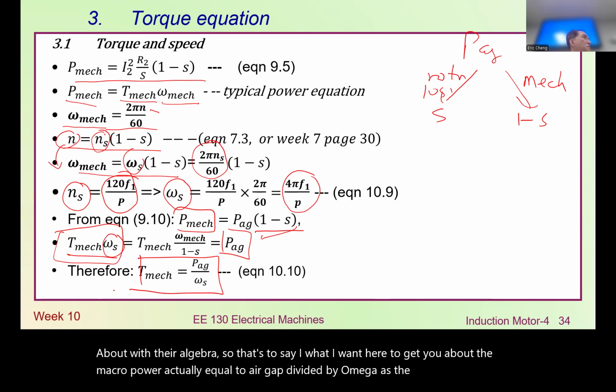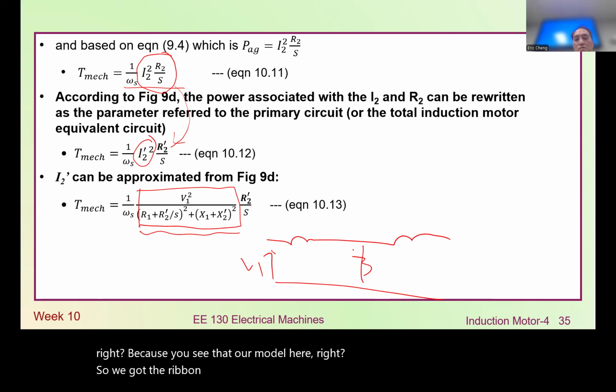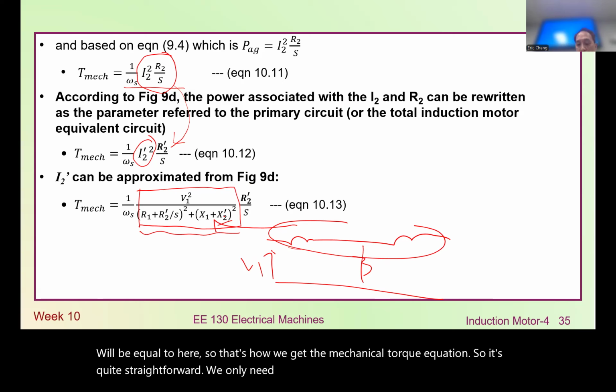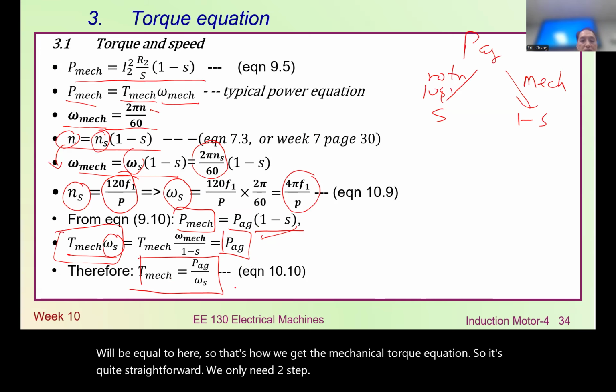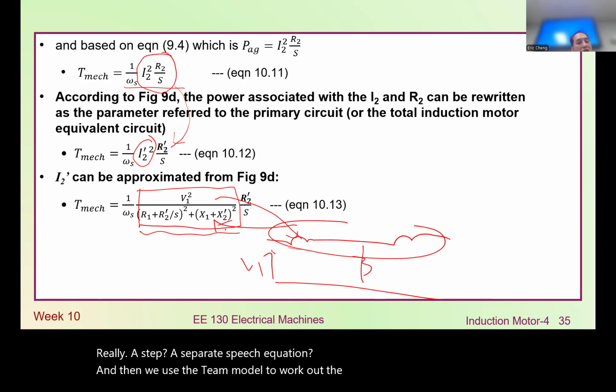Because you see our model here, we got the V1 here, then all the impedance in here will be equal to here. So that's how we get the mechanical torque equation. It's quite straightforward, only need two steps. Mainly, we establish this equation, and then we use the T model to work out the current, and that's why we get a relationship.